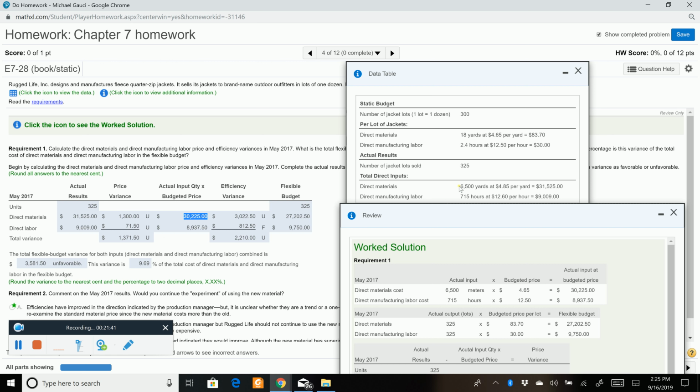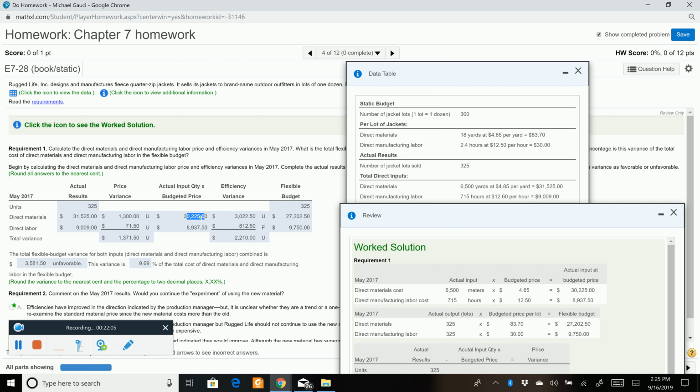You can see the actual input for materials was 6,500 yards. Here it says 6,500 meters. That should be yards, a little typo there. 6,500 yards times the budget price. And we saw that the budget price was $4.65 per yard. That's where you get your $30,225.